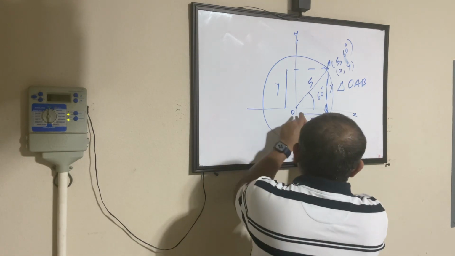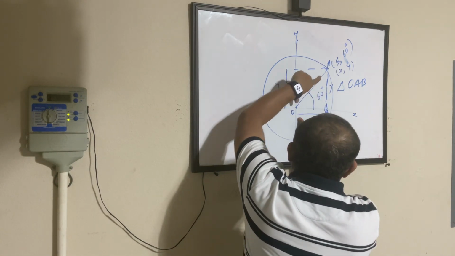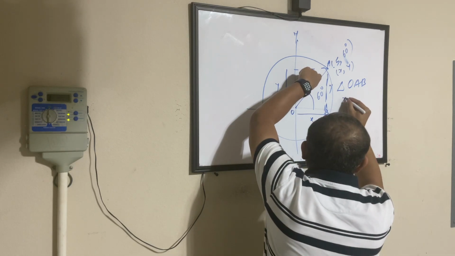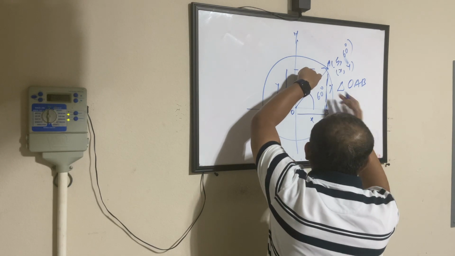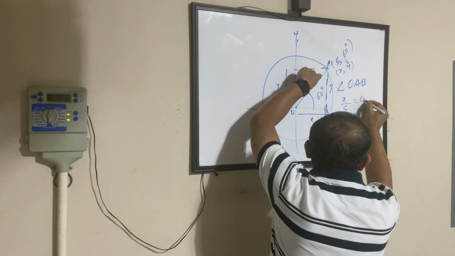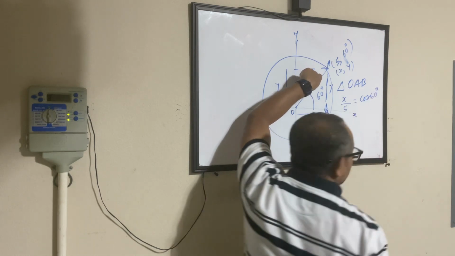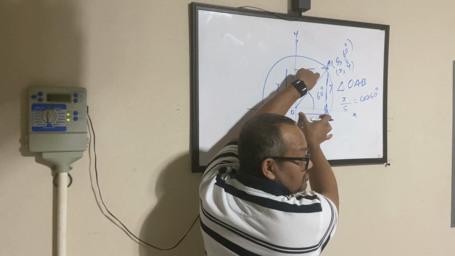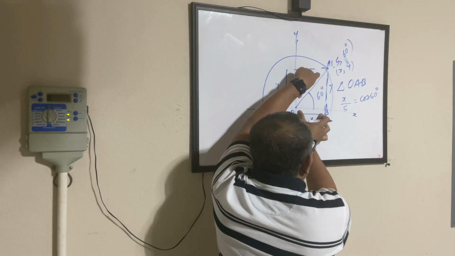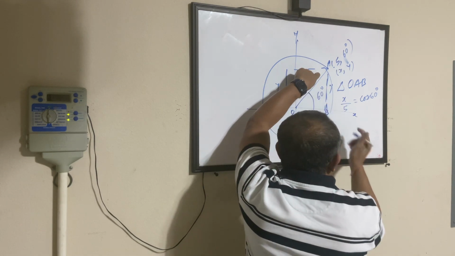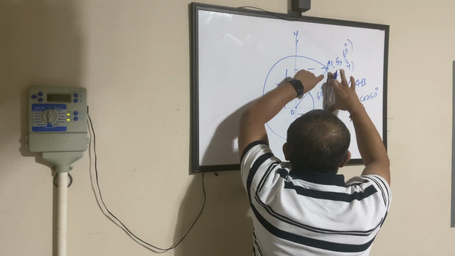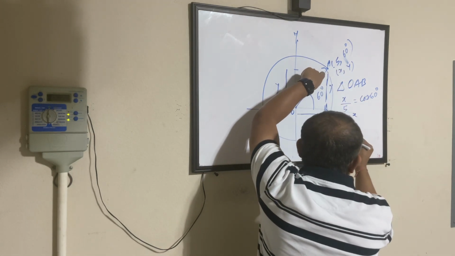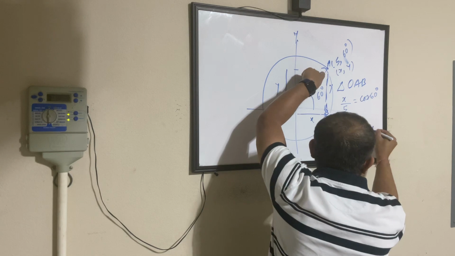So here, if this is theta, x by 5 is nothing but cos 60 degrees, isn't it? I am again relating it back to SOHCAHTOA, okay? x by 5 is nothing but cos 60 degrees. Likewise, y by 5 is nothing but sine of 60 degrees.